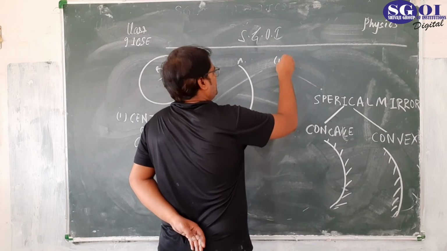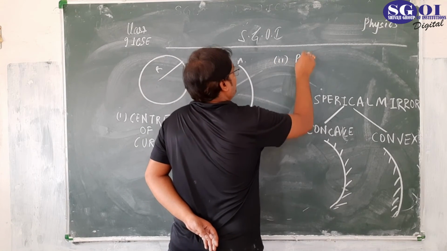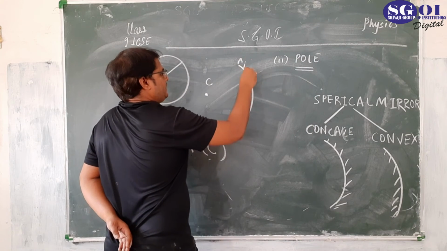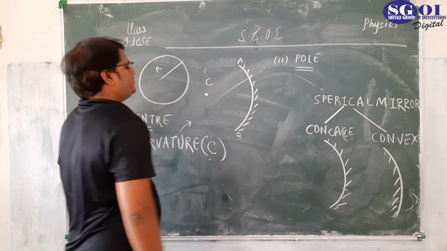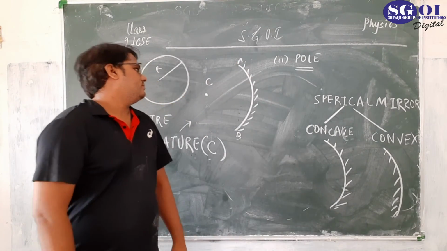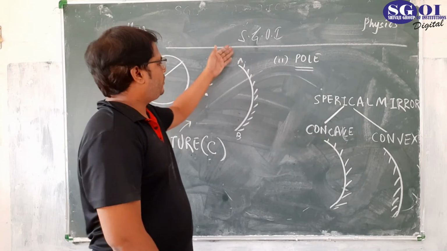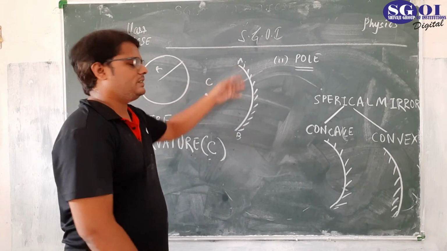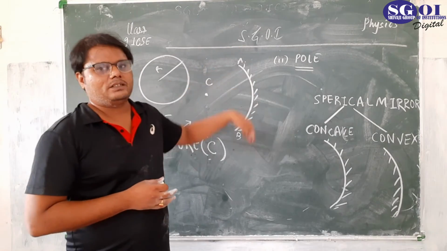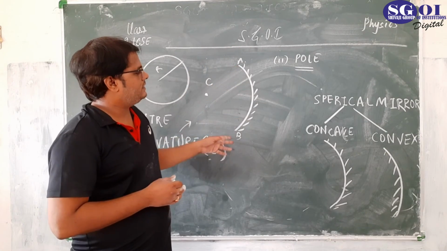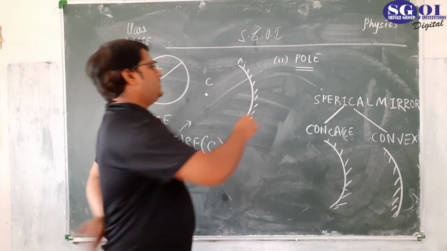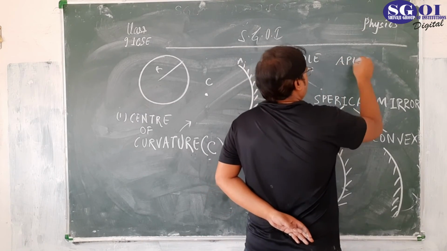Second term is pole. It's not a mirror yet, we have to polish it. Now we form the concave mirror. What is a pole? First of all, what do we call this surface area? It's called the aperture. This whole thing is a mirror, but this surface which is not polished is called the aperture of the mirror.